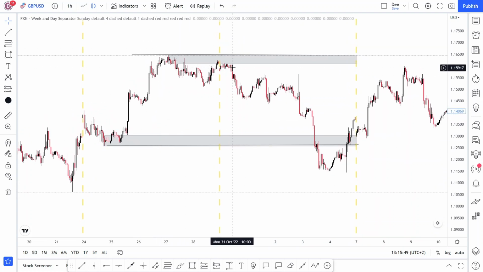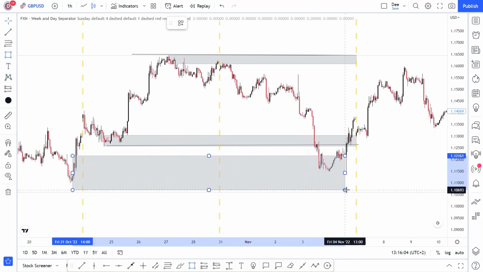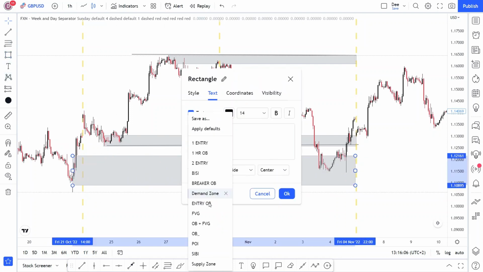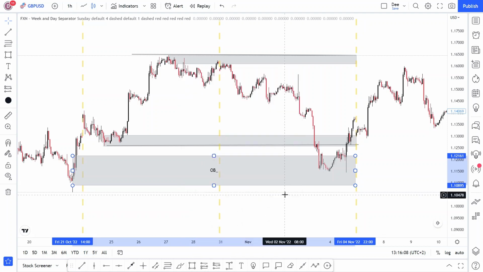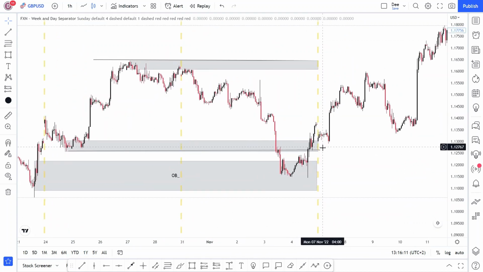So when the market opened on Monday, they come retested this resistance and then continue to what? To grab the liquidity below the previous weekly low, right? They grab the liquidity in terms of the order block, there was an order block just there, and then they continue to the upside, and then they come to test this previous weekly as a what? As a support before they move up.